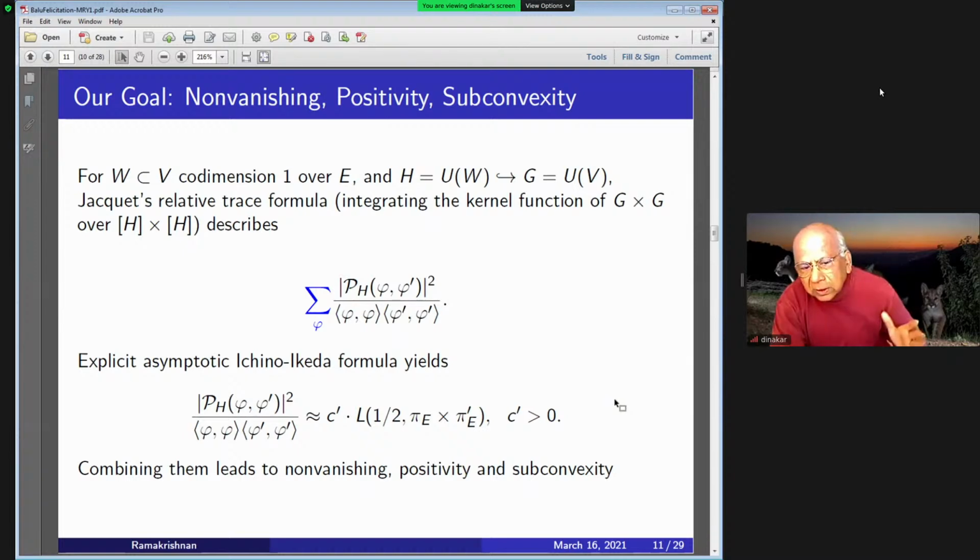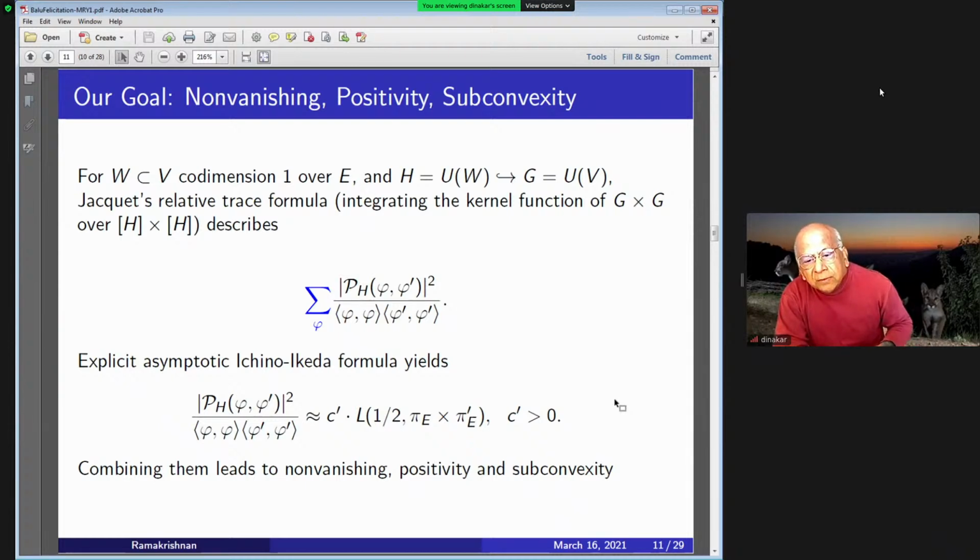Of course, it uses all the people's results from before, but we also have to do some extra to get this precise result, because we need to study the matrix coefficients at bad primes and estimate them. And this actually gives you the positivity of this L value because it is related to the square or something, and everything is positive.